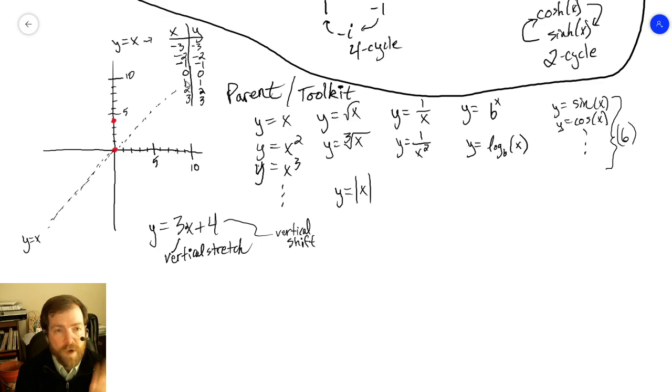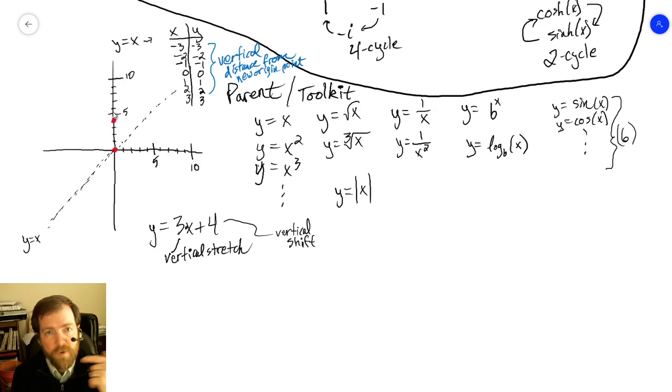We then go right 1, up 1, right 2, up 2, right 3, up 3. But the vertical stretch factor is going to affect our vertical distances. These are going to be the vertical distances from the new origin point. So this point, 0, 4, is our new origin point.